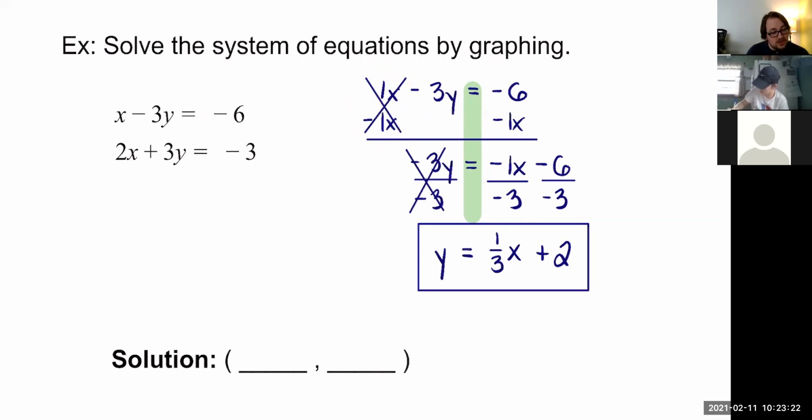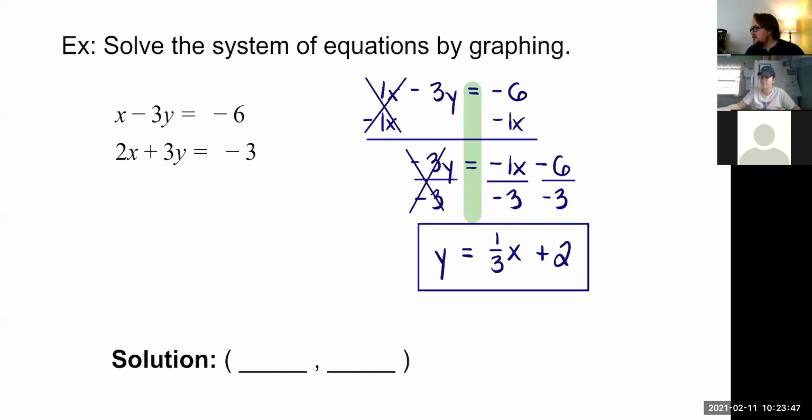So we don't want just the 1 to disappear. We want that whole term to disappear, which is why we're using a -1x. That is now gone. 1x minus 1x is technically 0x, but zeros hide. On the right-hand side, to keep it balanced, a -1x on the left, we need a -1x on the right.